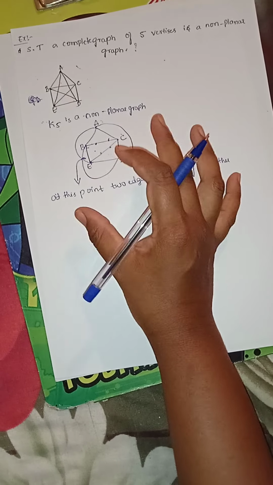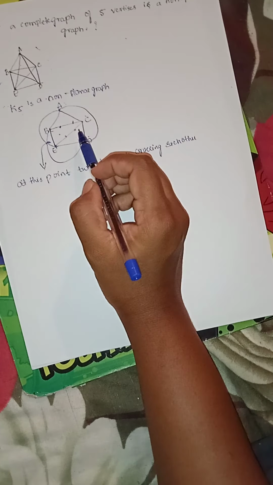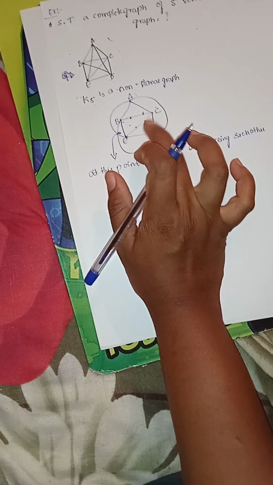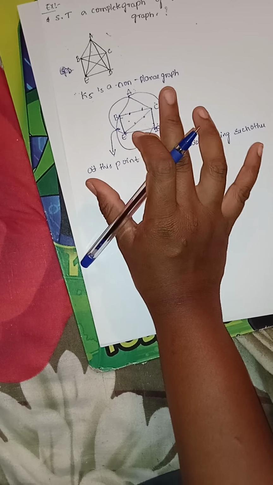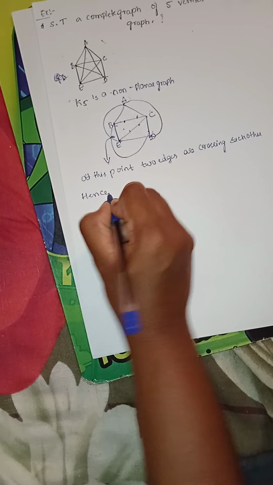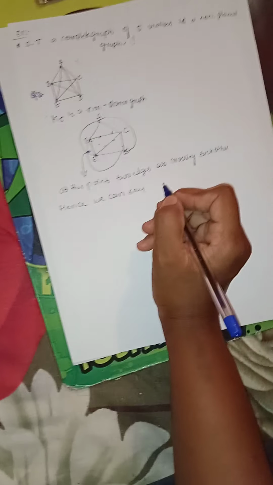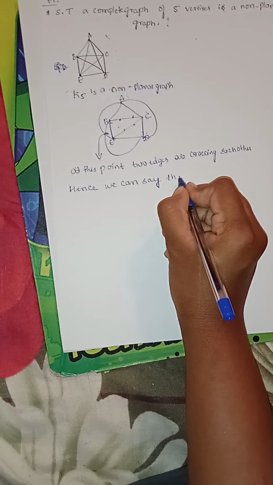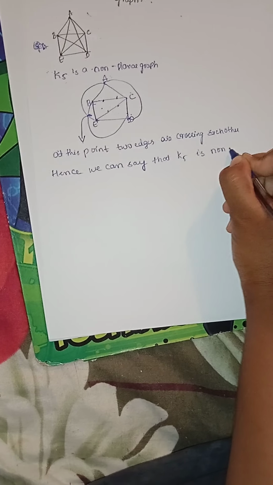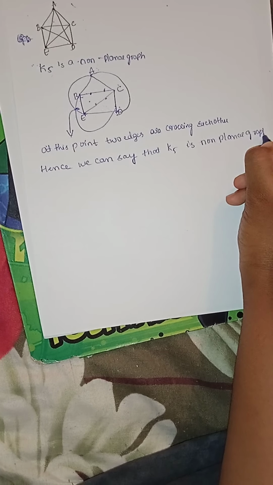There is no way to connect A to D. Hence, we can say that K5 is a non-planar graph.